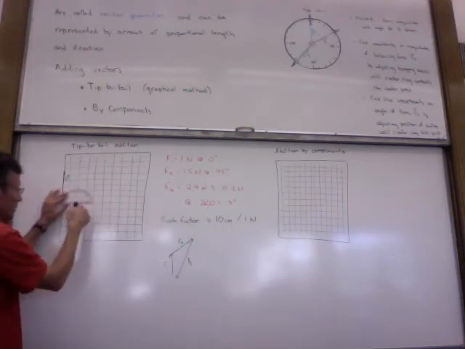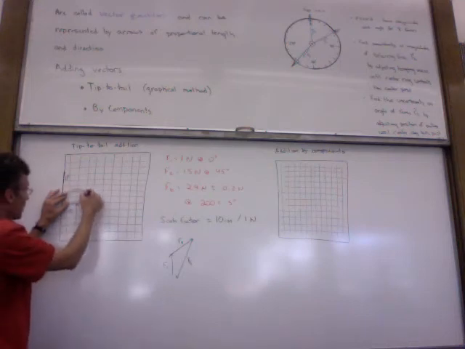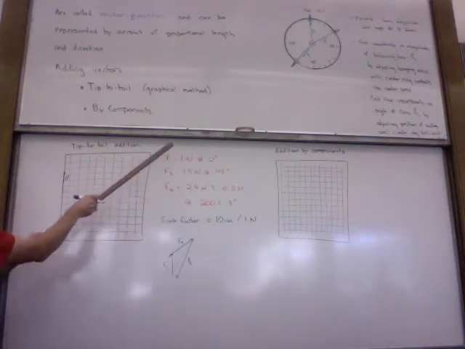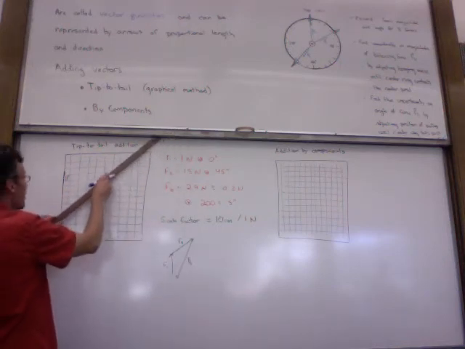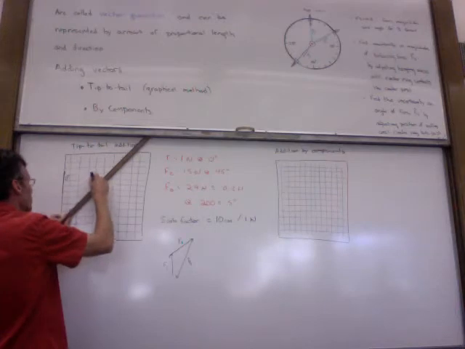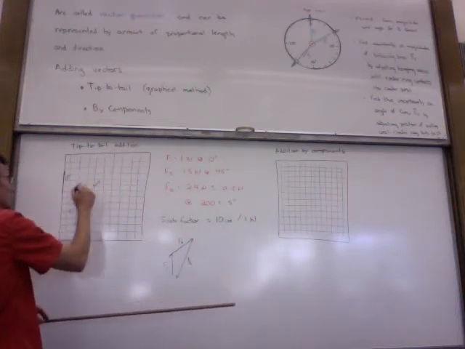I'm going to lay it down with the origin at the tail of my vector. And I'm just going to put a tick mark where the 45-degree angle is. And then I can line up my ruler, use that tick mark to define the angle, use the scale on the ruler to measure the appropriate length, and label that.